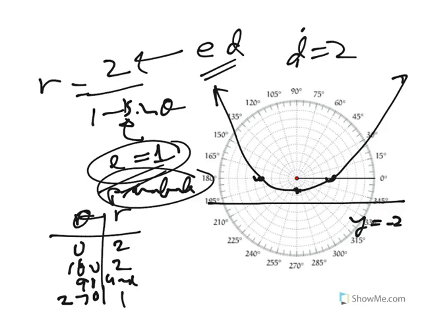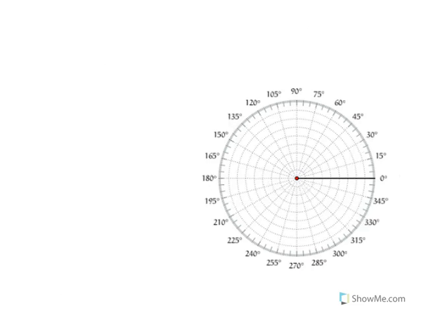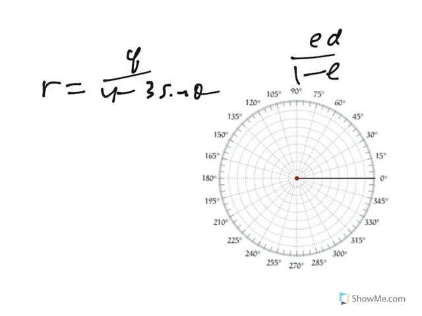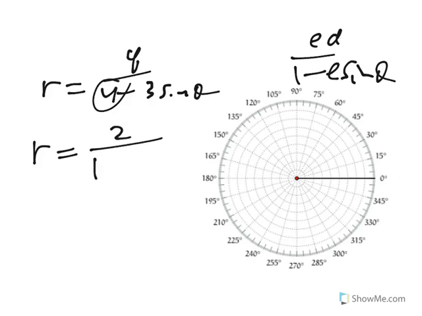Two more questions before this lesson's done. r equals 8 over 4 minus 3 sine theta. Okay, it's supposed to be ED over 1 minus E sine theta. This has a 4 here. So what you do is you divide top and bottom by 4.